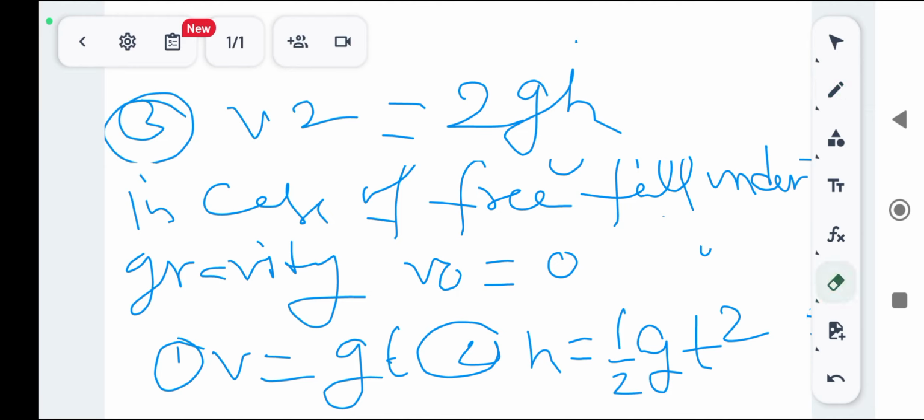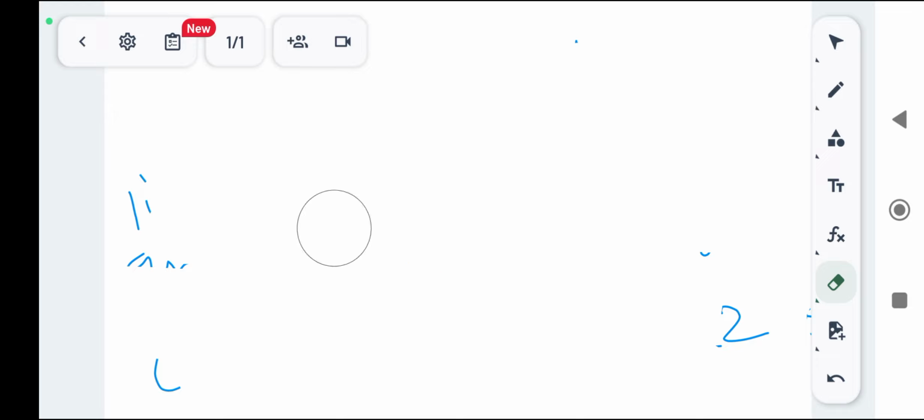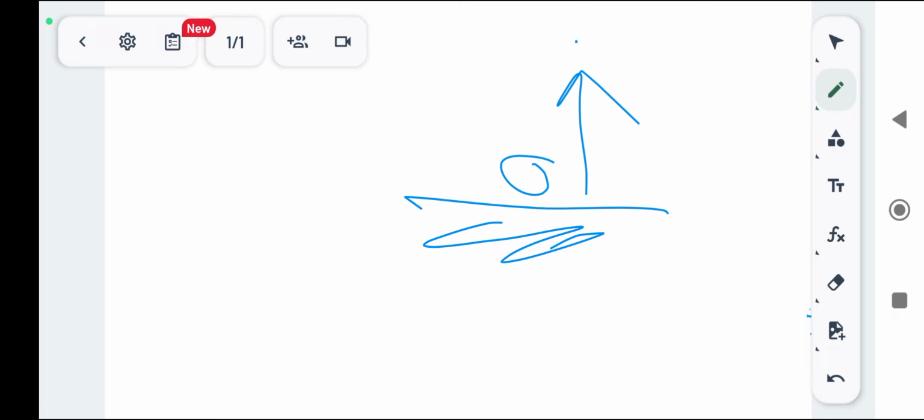Now the third condition is when an object is thrown towards the upward direction with velocity v0 to a height h.